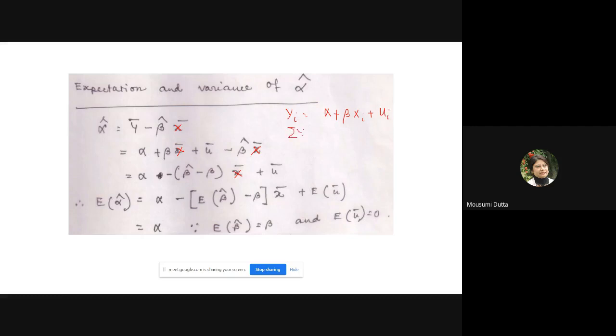So summation yi is equal to n alpha, plus beta summation xi, plus summation ui. And then we are dividing both sides by n.